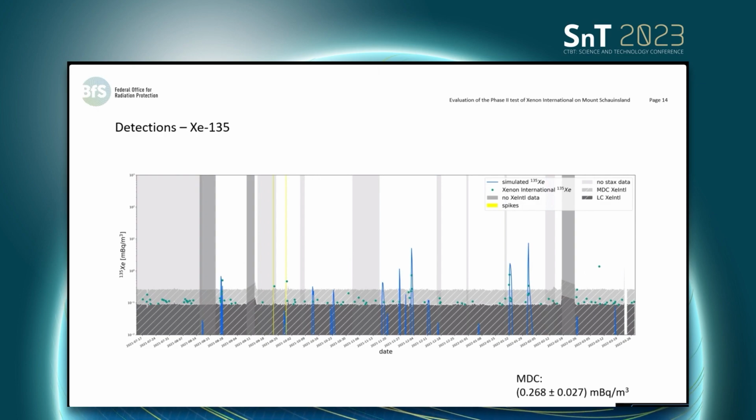Then, right at the end, you can see this pretty high peak, and that's something that we would have missed, as an NDC, without this STAX simulation, because that probably comes from Switzerland. We're not entirely sure which nuclear power plant, but that's a detection from a nuclear power plant in this case.